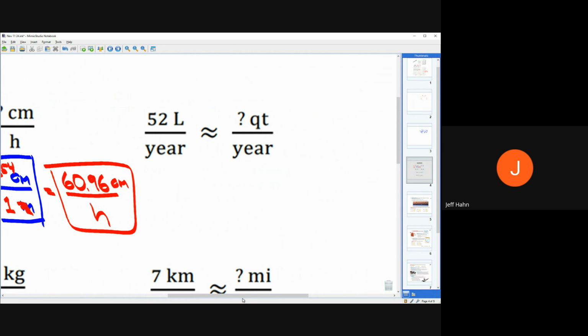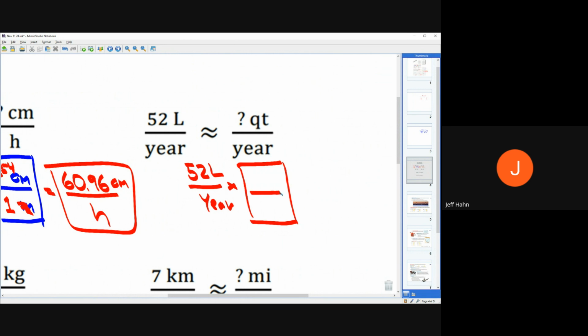The next one, same thing is true. My years stay on the bottom, I just want to change liters into quarts. So you're going to start with what you're given, 52 liters over a year. You can put 1 if you want. But in order to get rid of liters, I have to find the conversion factor that has what on top and what on bottom.